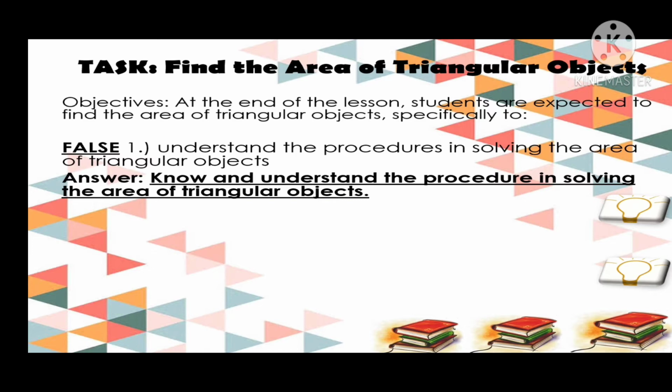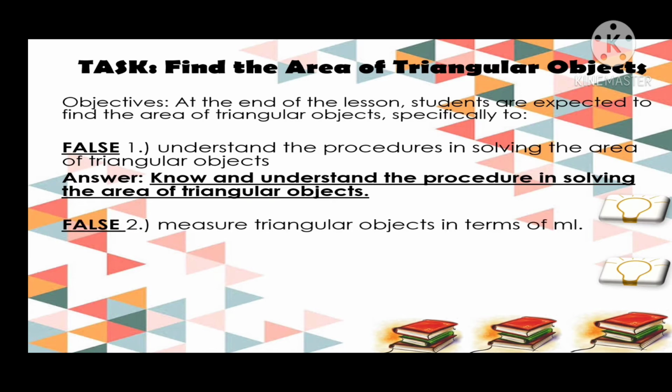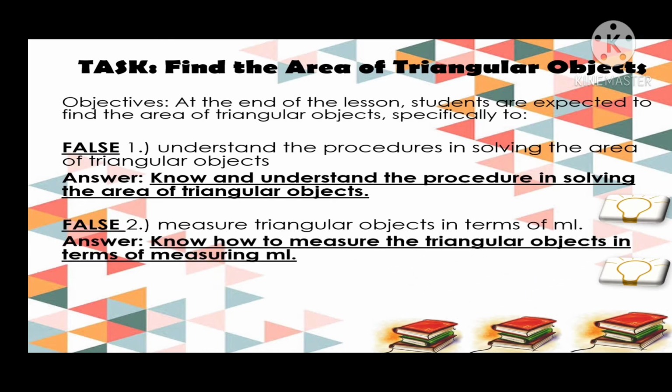We use the words know and understand because know means you are expected to know how to solve the area of triangular objects. So we use know and understand because it is a combination, in order for the statement to be correct. Second, measure the triangular object in terms of ml. The statement is false. Why?